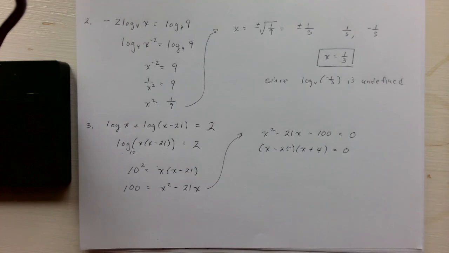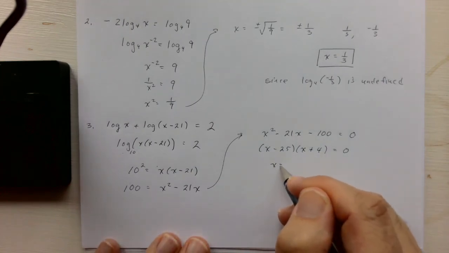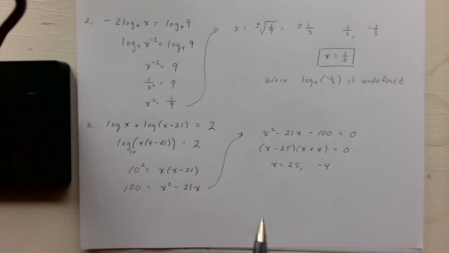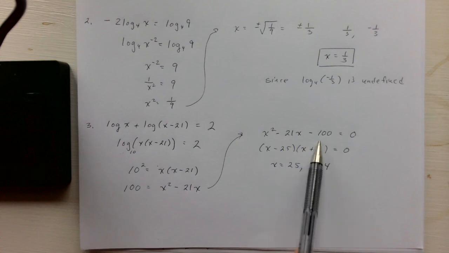And so you get x equals 25 and negative 4. If you use the quadratic formula, where a is 1, b is negative 21, and c is 100, you get the same thing after you simplify.